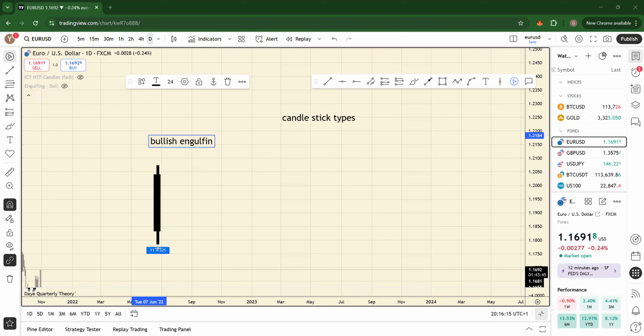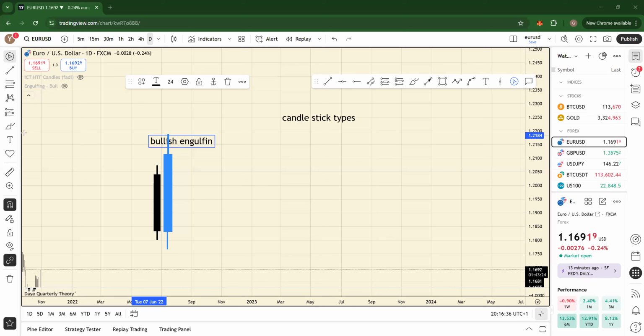This is a bearish candle that we have here, and then we have a bullish candle like this. Take note, I said a bearish candle opens up and closes down, right?